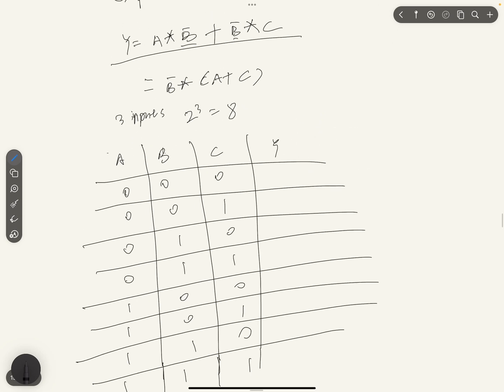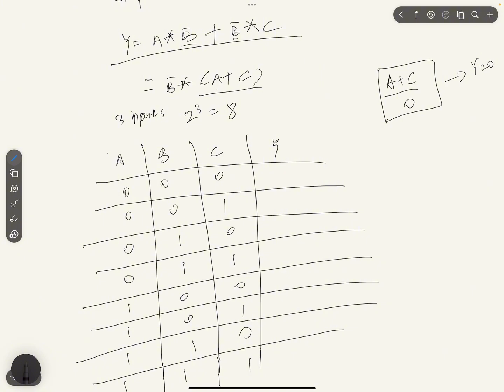Now we just need to plug in the numbers to this Boolean expression here. If we have all zeros, it will be 0 plus 0, which is 0. So whenever A plus C is 0, that will give us the output 0. Let's see how many combinations we have.